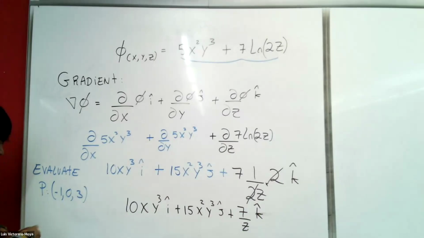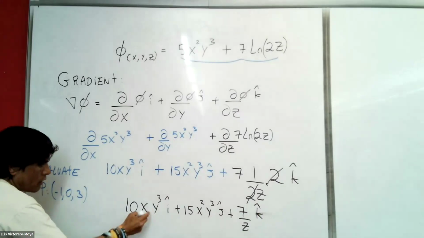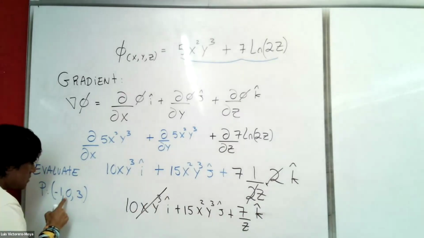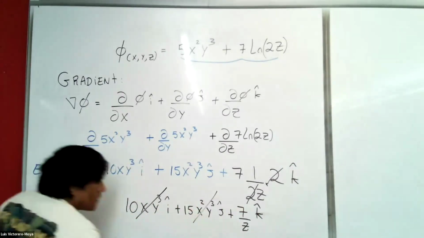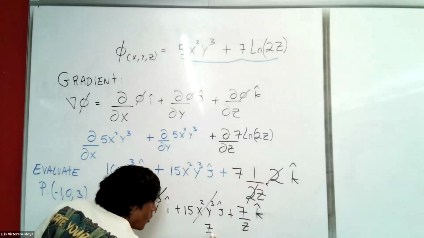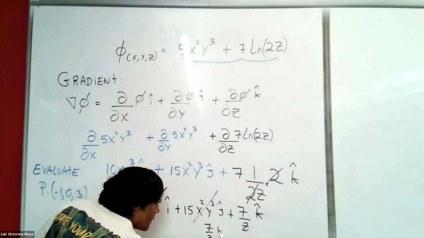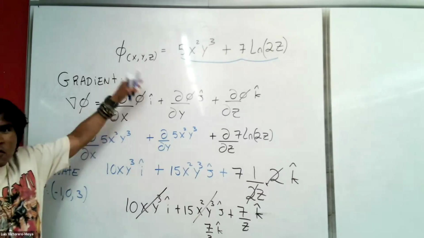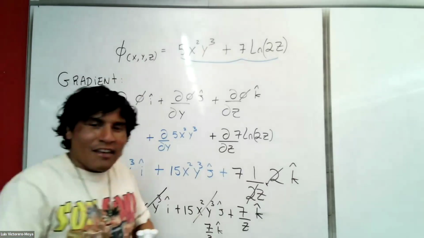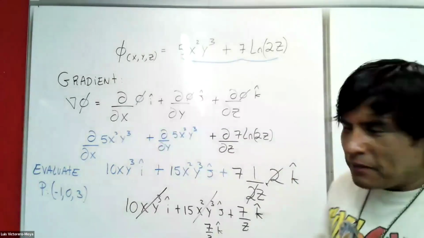So you just substitute: 0, y, so 0, 0, y, 0. And then 7 over z, 7 over 3, so it will just be 7 over 3. Okay, that's my divergence of this whole thing. So very nice, right? It's a math exercise.